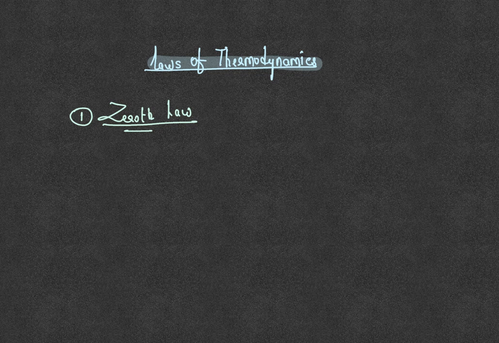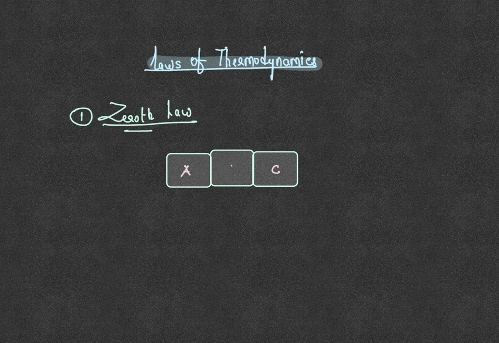The law is very simple if you want to understand it with a diagram. Let's say we have three bodies, A, C, and B. A is in thermal equilibrium with B. What do we mean by thermal equilibrium? The heat going from A to B and the heat going from B to A is the same, which otherwise would mean they are at the same temperature.